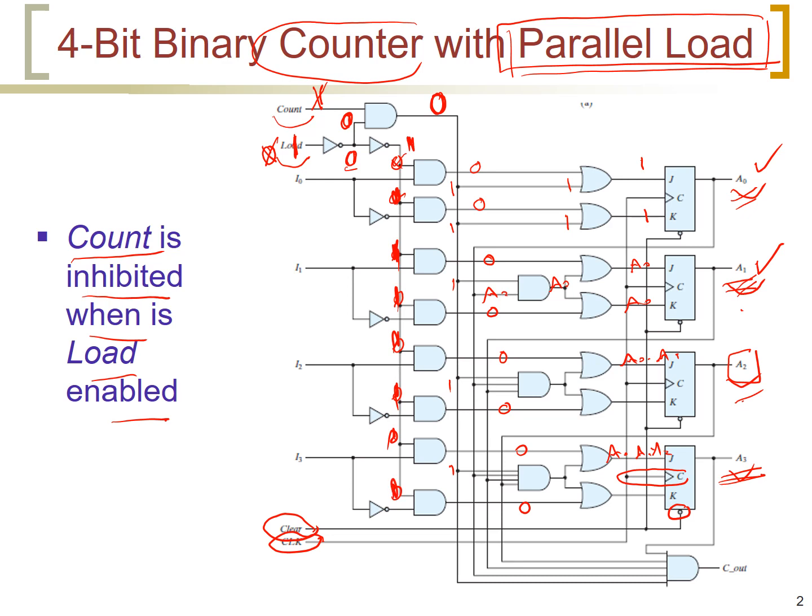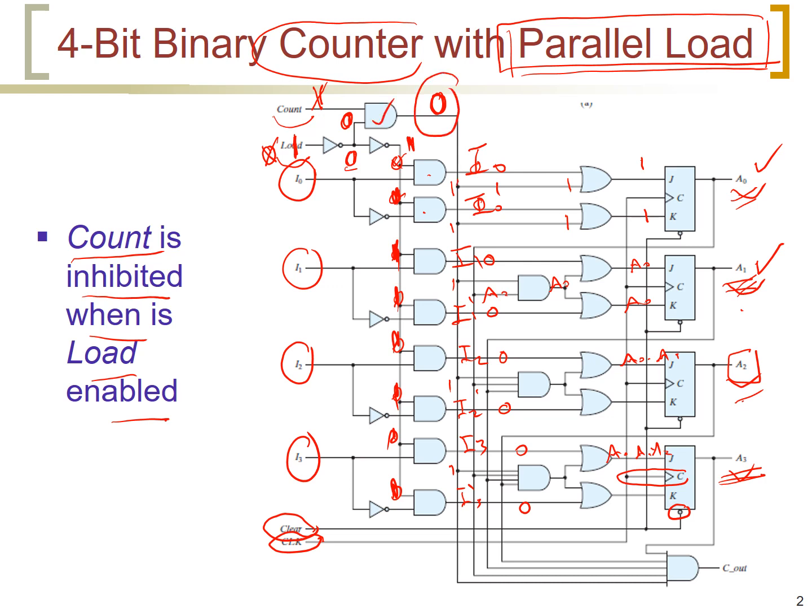And therefore, the inputs I0, I1, I2, and I3 will appear in either true or complemented forms at the outputs of the AND gates that are at the left-hand side. So this AND gate will have output I0, and this AND gate will have I0 prime. Similarly, this will be I1 and I1 prime, and I2, I2 prime, and I3, and I3 prime. Now, looking at this gate, the output is 0 here.